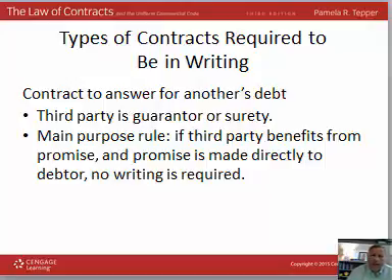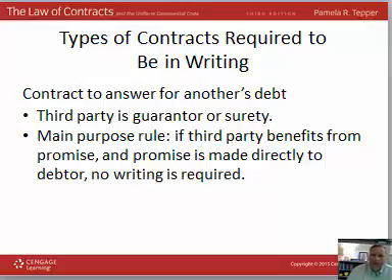Now change this situation just a little bit, and let's say you take your son or daughter in to buy a car, and you ask the person selling the car, if you sell this car to my son or daughter, I will pay for it. In that case, you're there, you know about it, and there's actually some benefit to you as the parent because it's your family member that's getting the car.